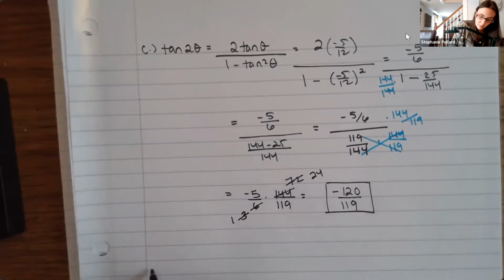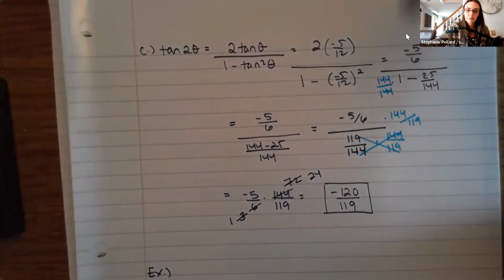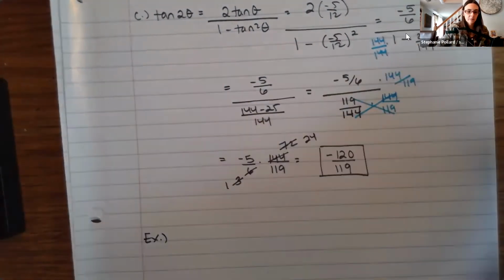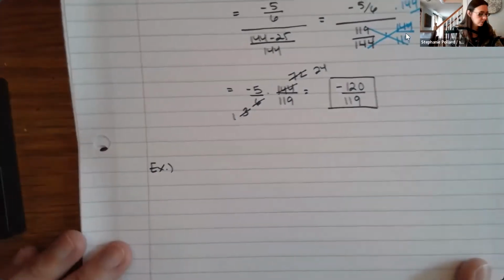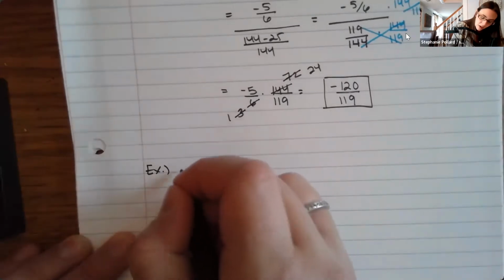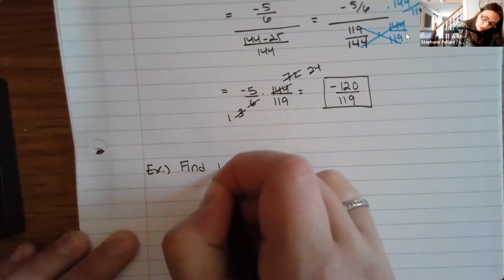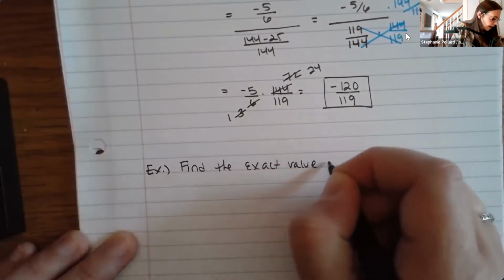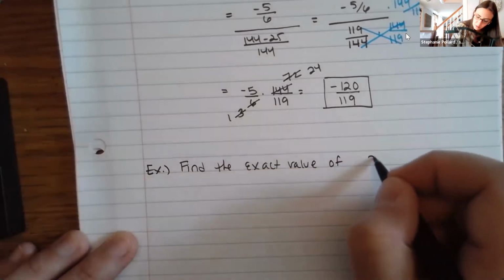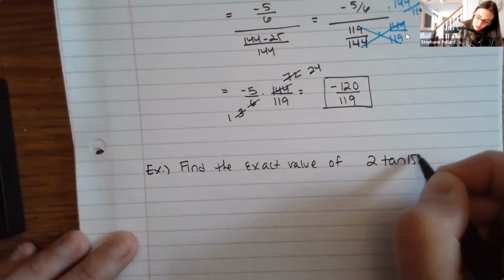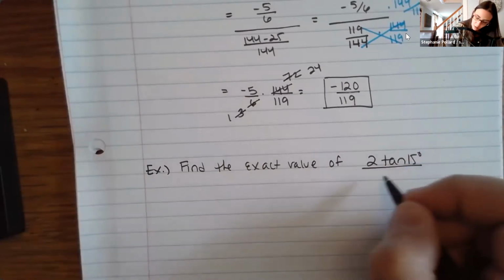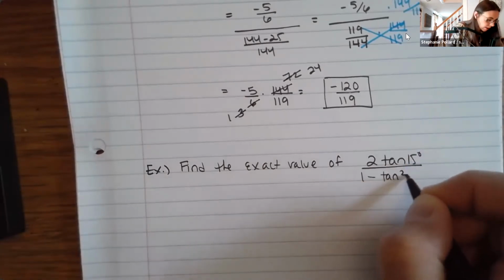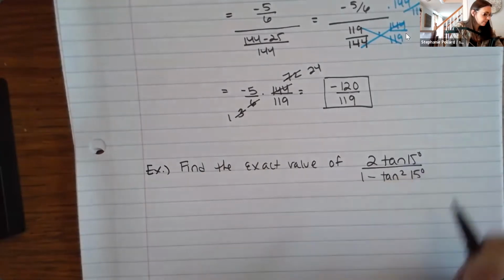Let's do another example. So we're going to find the exact value of 2 tangent of 15 degrees over 1 minus tangent squared of 15 degrees.